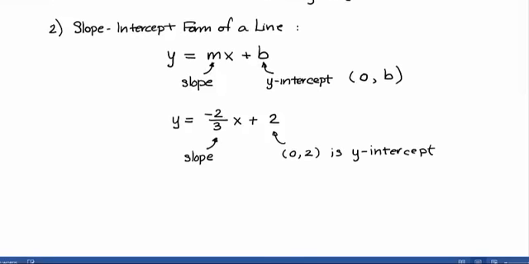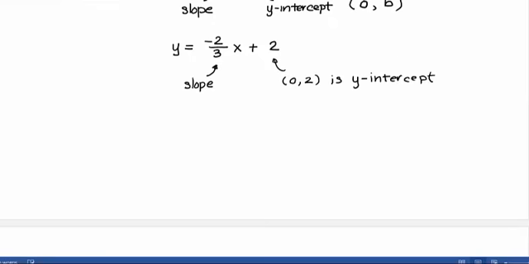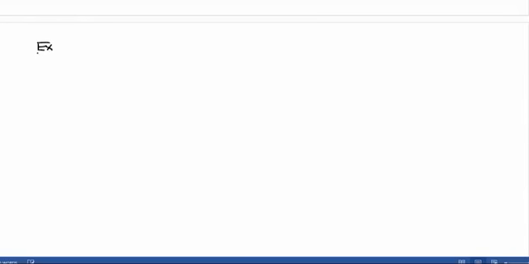Okay, so now we want to be able to identify the slope and the y-intercept if we're given an equation.